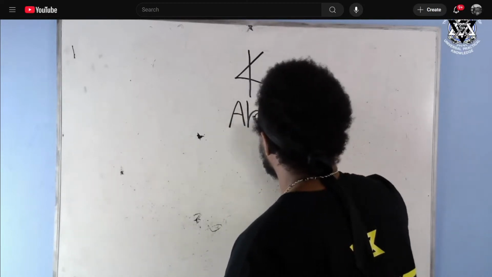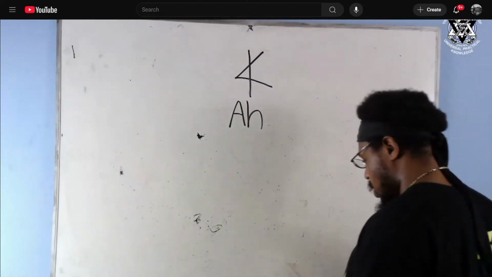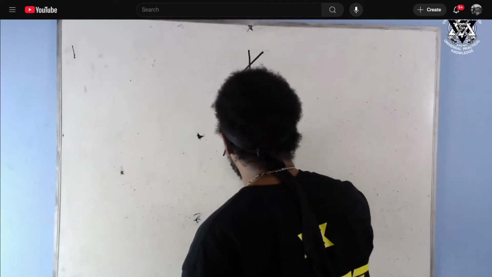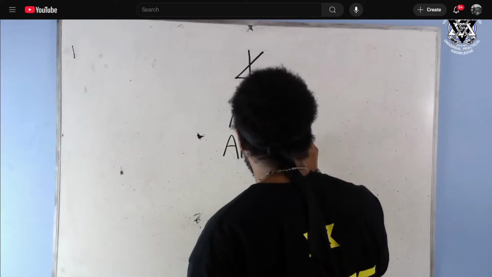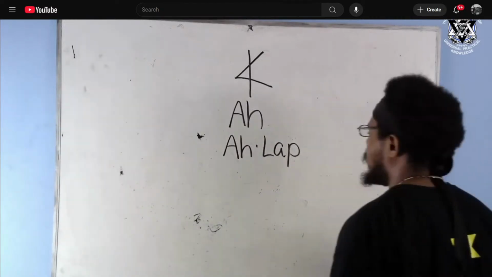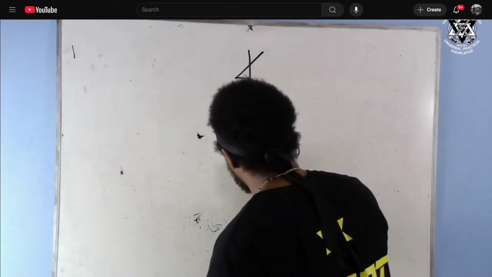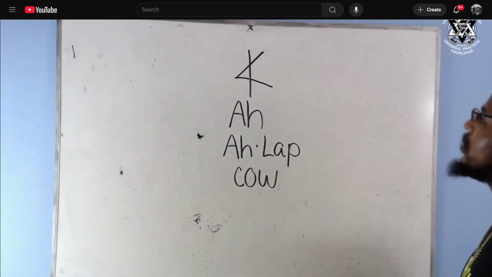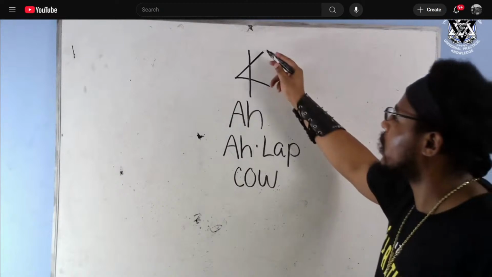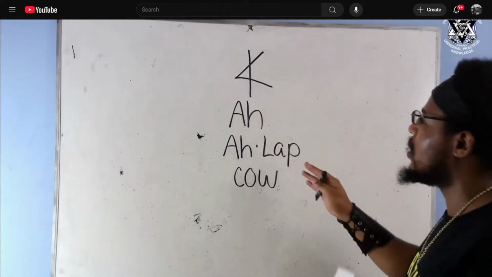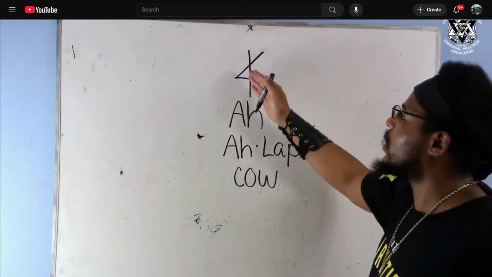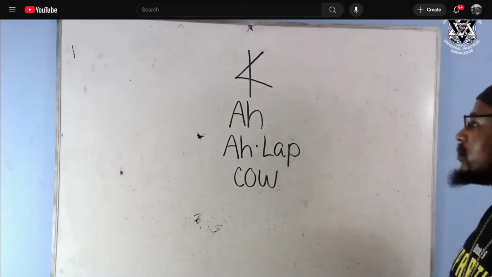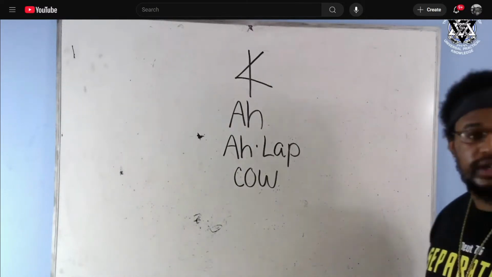It comes from the word Alaf, meaning cow, or particularly the head of the cow. If you look at it from the side, it's like the head of the cow. Alaf, cow. That's our first character.